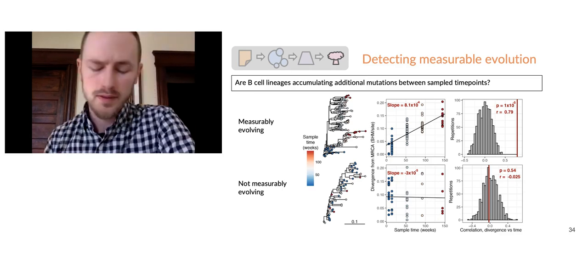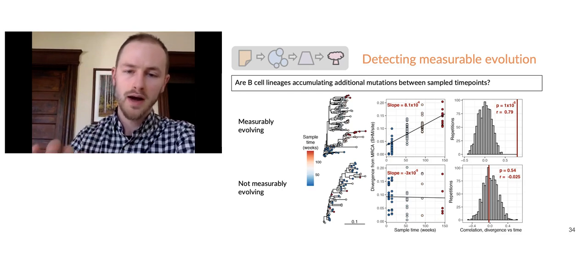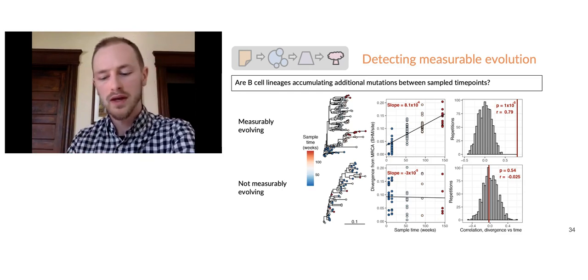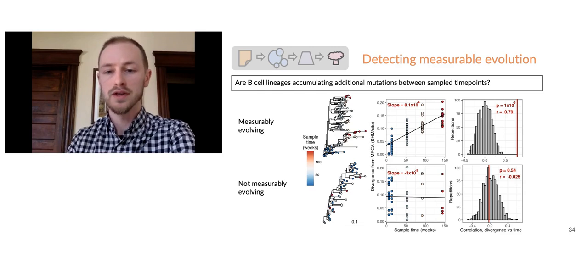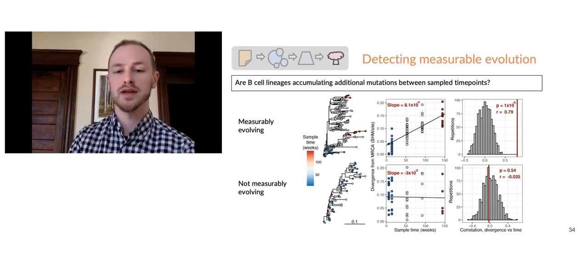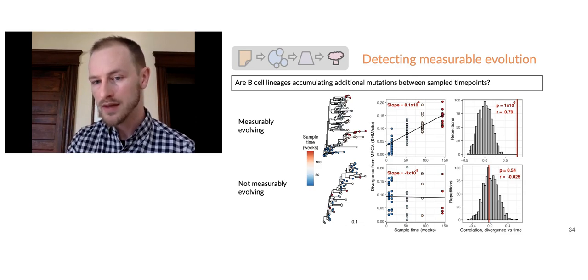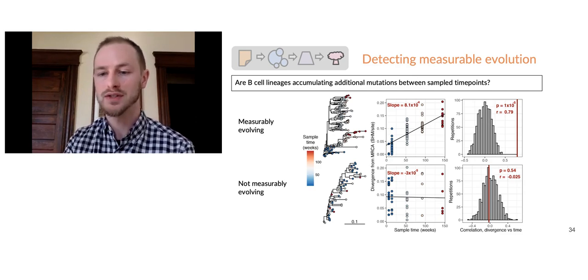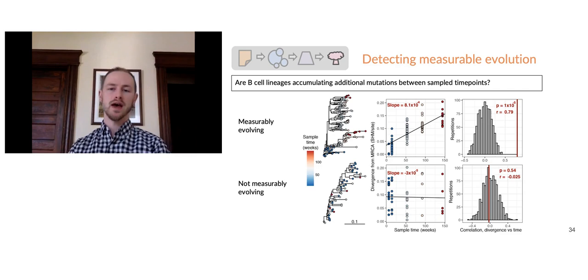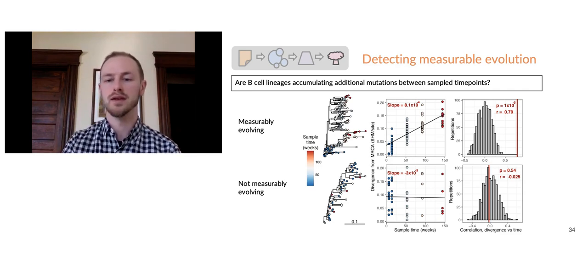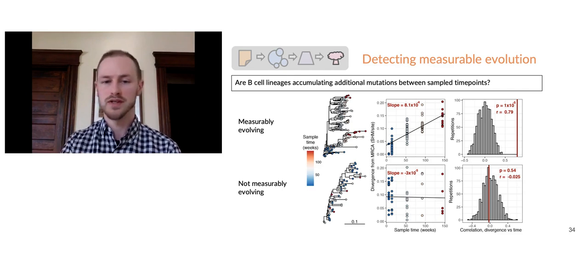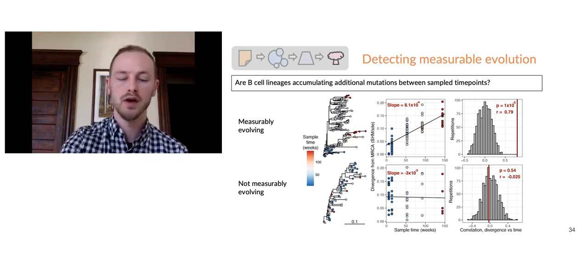Importantly, because these tips are not independent data points, it's improper to use standard linear regression p-values to estimate the significance of this relationship. What we can do instead is to use a permutation test to determine whether we have a stronger correlation in our observed data than in the same tree, but with the time points randomized at the tips. And here we can see that we very much do.